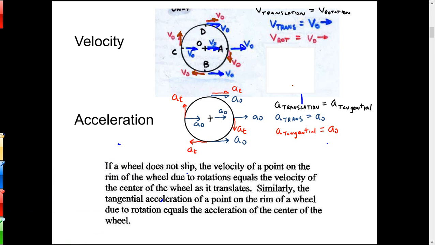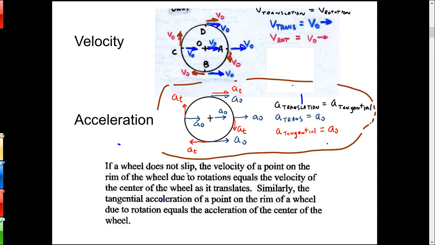You can make the same argument for tangential acceleration and the acceleration of a vehicle. It's the exact same argument, and the results are the same. If that vehicle is accelerating to the right, you'd have vectors on the wheel that express that acceleration to the right, but you'd also have rotational tangential acceleration vectors on the perimeter of the wheel. They're equal to the acceleration of the vehicle as a whole, but they point different directions, in the direction of rotation as the perimeter of that wheel rotates.